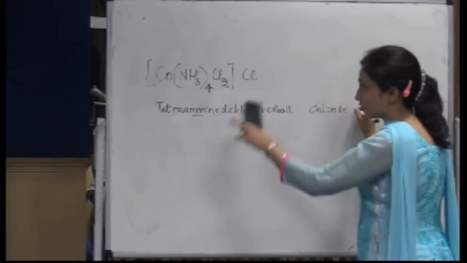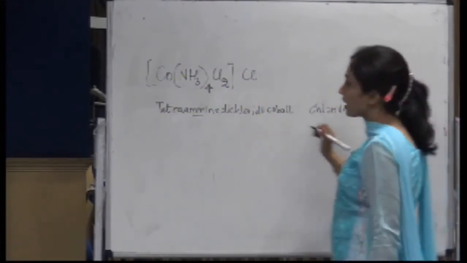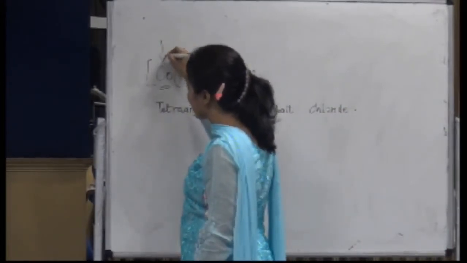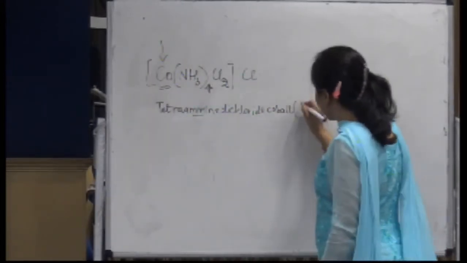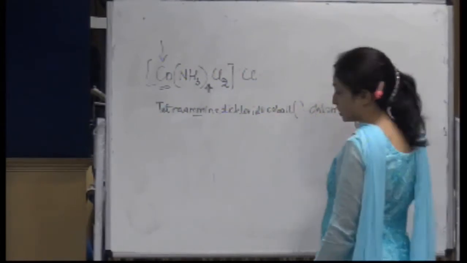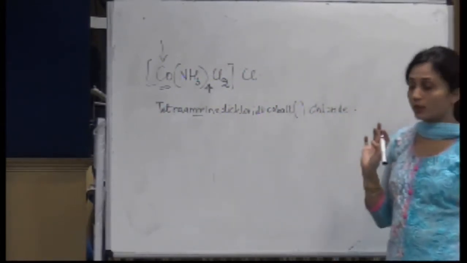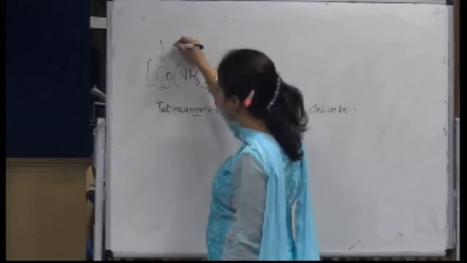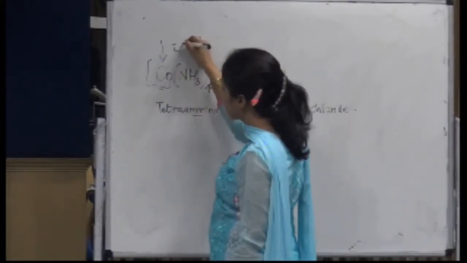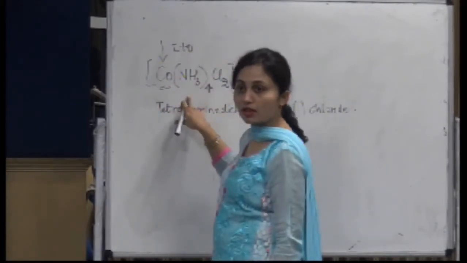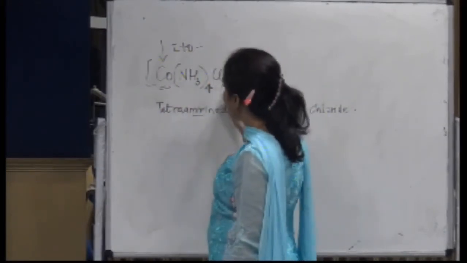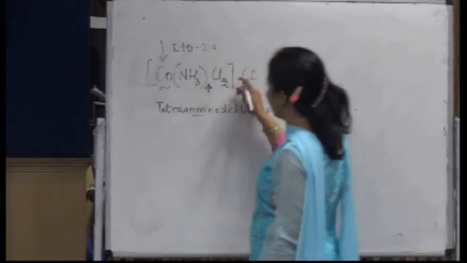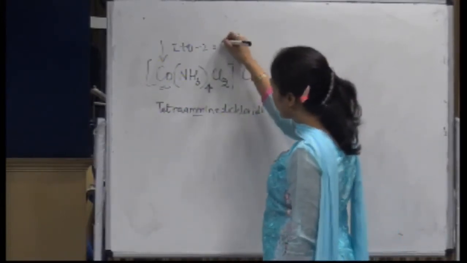So this is kind of the name done, but you are supposed to put the oxidation state of the central metal atom after it, then leave a space and put the name of the anion. Okay, so in this case you find out the oxidation state of cobalt, that will be X plus 0, because ammonia is neutral, minus 2 is equal to plus 1.